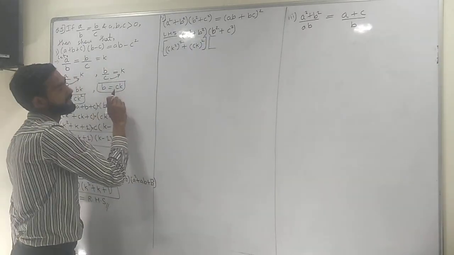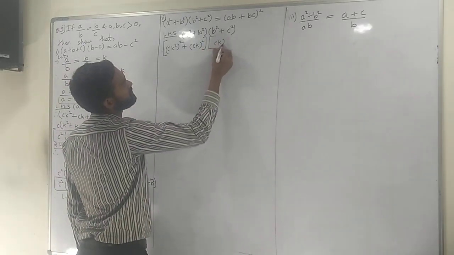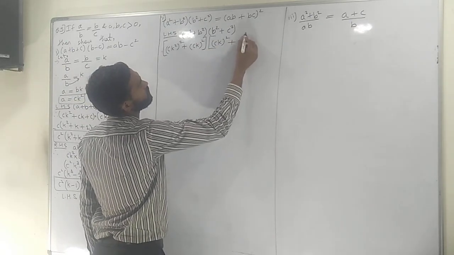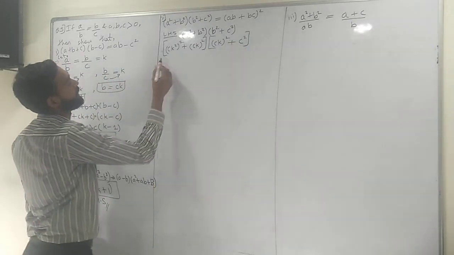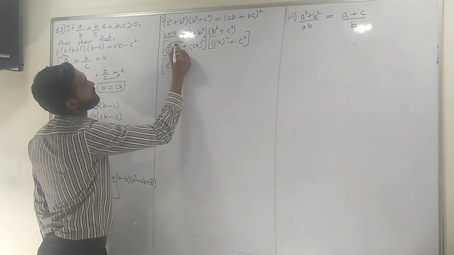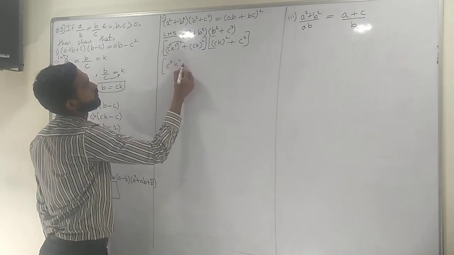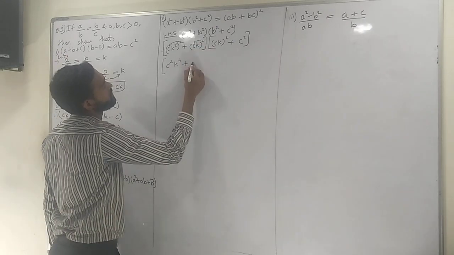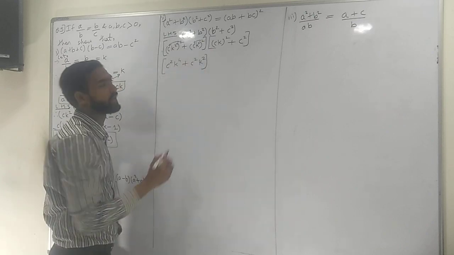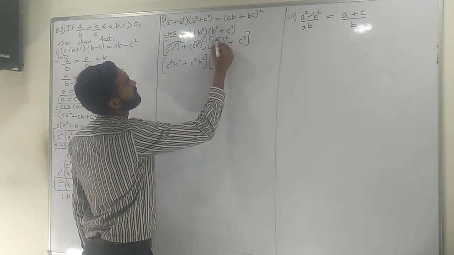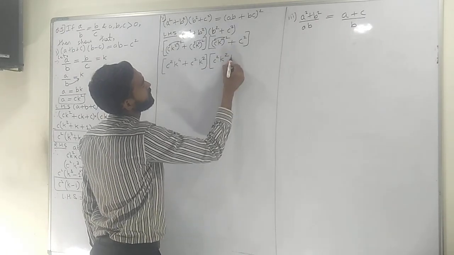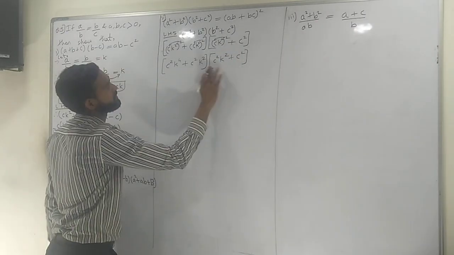B is CK square, the whole square, plus C as it is, so C square. Now multiply C square, here we will get K raised to 4, plus here you will get C square, and this one K square. Next bracket, again C square and K square, plus C square.